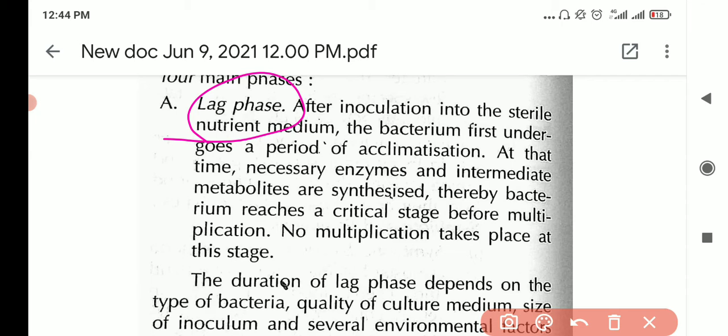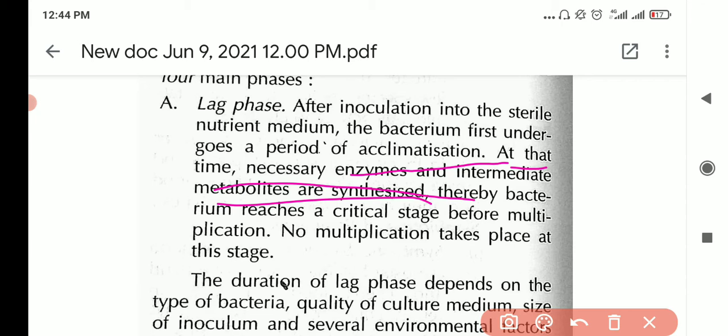You really excelled. This is when the acclimatization occurs. At that time, enzymes and intermediate metabolites are produced. While adjusting, it will be producing all the things necessary to digest the medium, to digest the food.